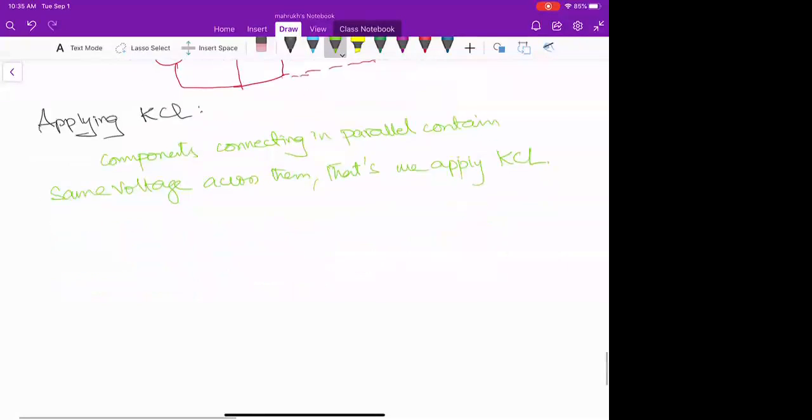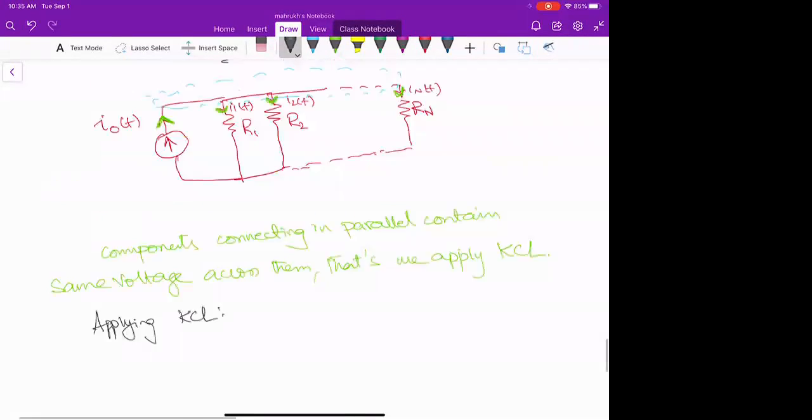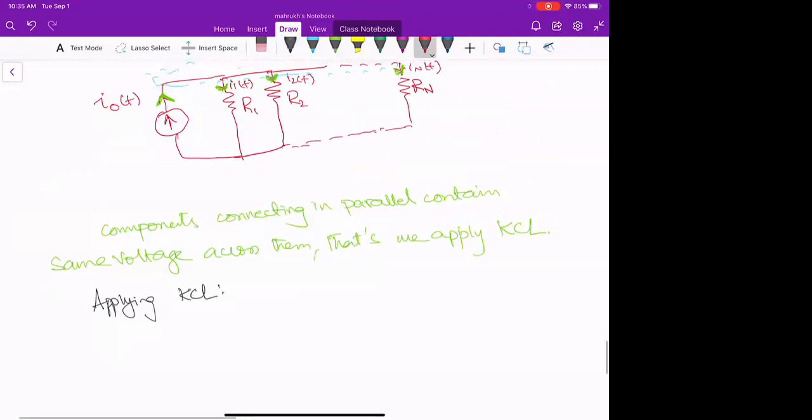Okay, so applying KCL, I will write the equation. As I'm thinking about only the node, my equation will be minus I naught of t plus I1 of t plus I2 of t plus In of t.